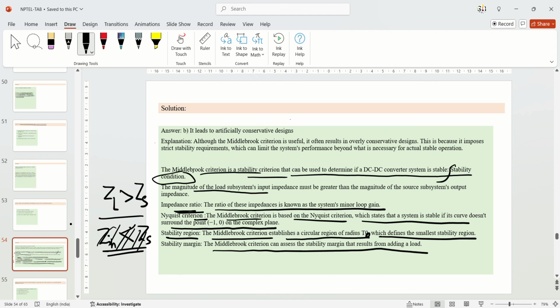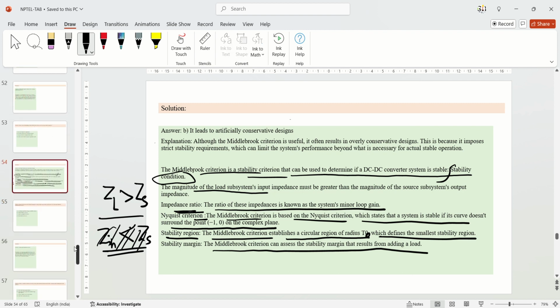The main points are that it is a stability criteria for determining whether a DC-DC converter system is stable or not. So the magnitude ZL should always be greater than ZS, and the -1, 0 criteria checks whether the curve is surrounding the -1, 0 point on the complex plane or not. So this is related to stability only.